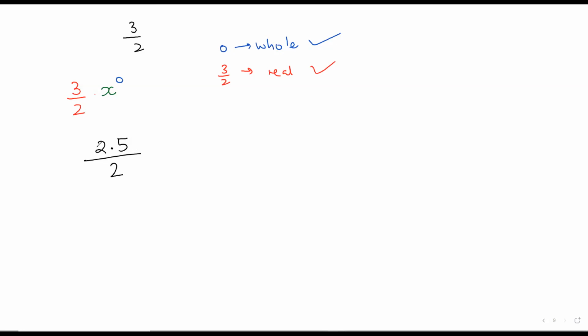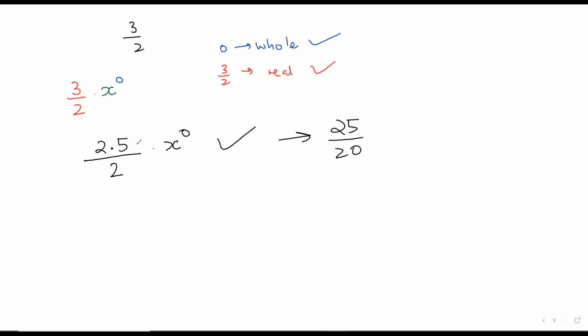Now 2.5 divided by 2, is it a real number? Yes, ma'am. Yes, it is a real number, right? So you can write this as 2.5 by 2 into x to the power 0. So yes, this is a polynomial, right? Because 2.5 divided by 2 can also be written as 25 divided by 20, right? Because we took away this decimal.